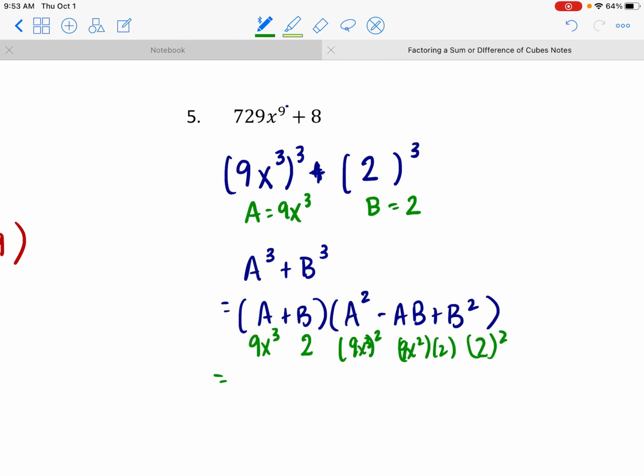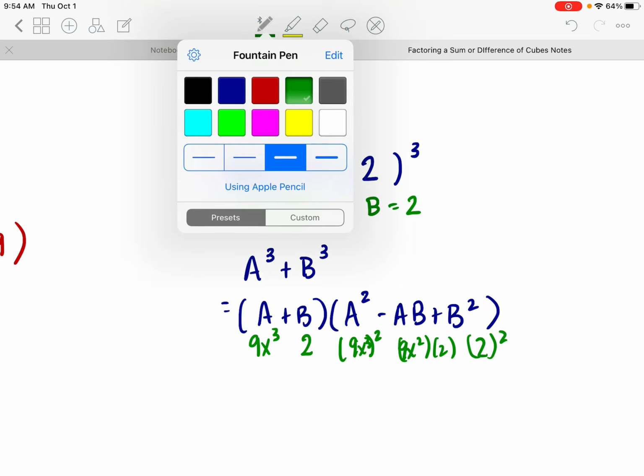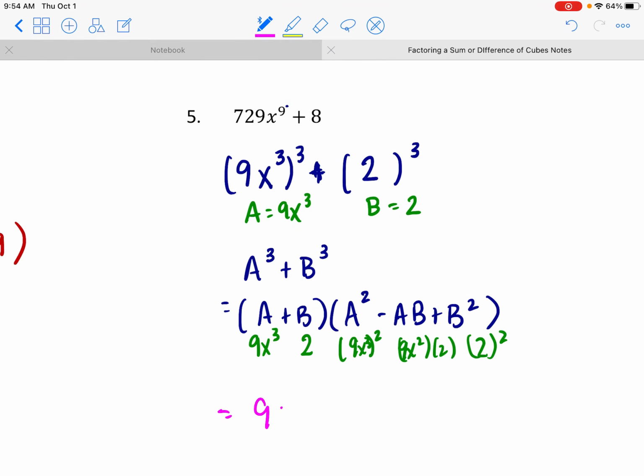Okay, so what becomes of this mess is 9x cubed plus 2, nothing to mess with in there, and then 9x cubed squared. 9x cubed is squared, so that's going to get me 81x to the 6th, and then minus 9x cubed times 2, which is going to be 18x cubed, and then plus 2 squared, which makes 4.